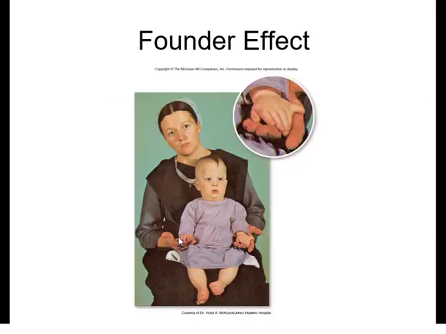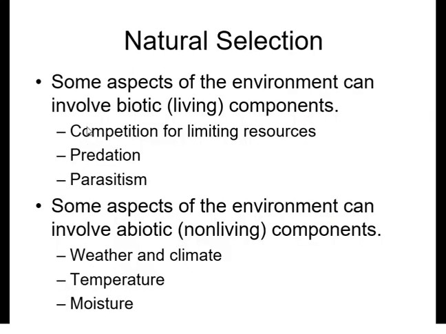Natural selection, make sure you know the difference between abiotic and biotic, because I'm going to say which of the following is not a biotic component of natural selection. And I'm going to give you 3 scenarios: competition over resources, predator-prey relationship, and parasite spread. And then I'm going to give you something like, annual fluctuations in rainfall and whatnot.